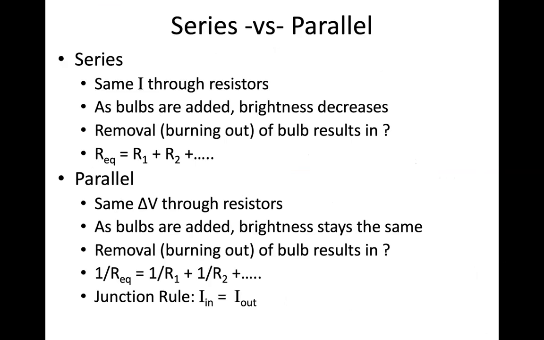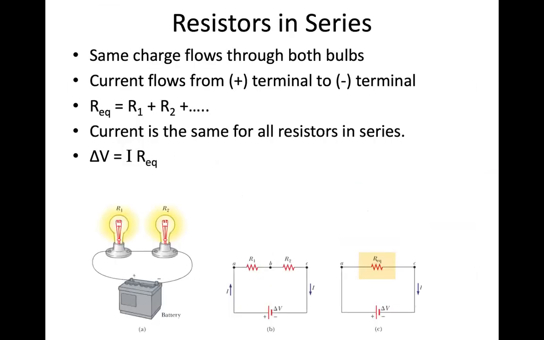We'll see how all of that pans out for us. Okay. So Ohm's law is going to be used in all of this, resistors in series and resistors in parallel. The difference is how those resistors behave and how the current behaves.